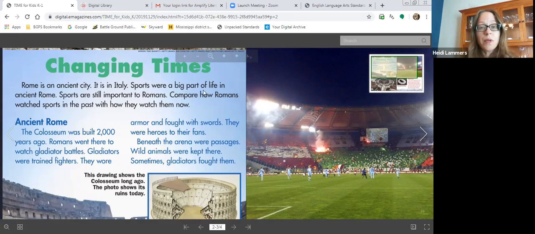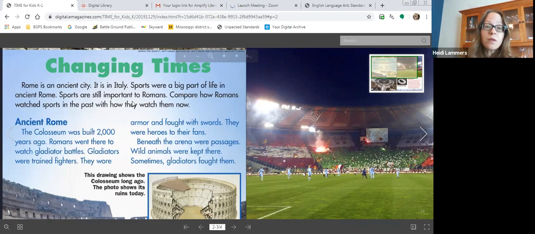Sports were a big part of life in ancient Rome. So when the author is saying that Rome is an ancient city, it became a busy, thriving, bustling city a very, very long time ago. Now it has changed, but this city became a city a very, very long time ago.